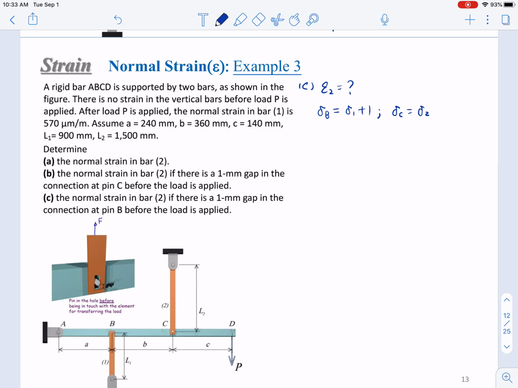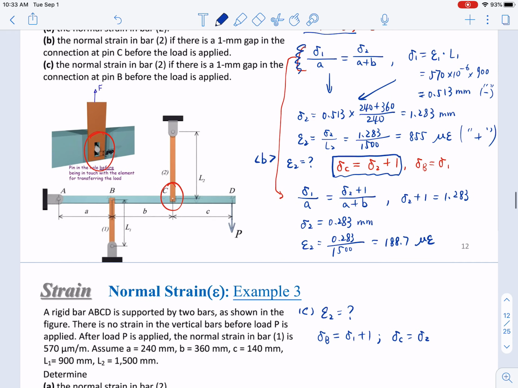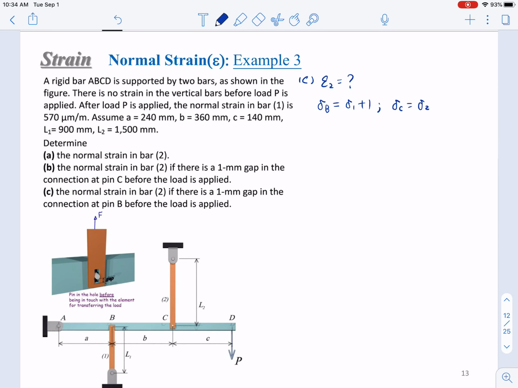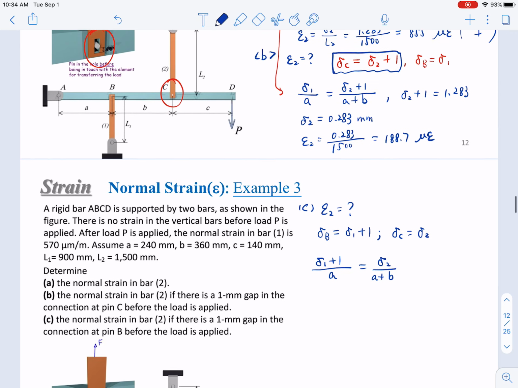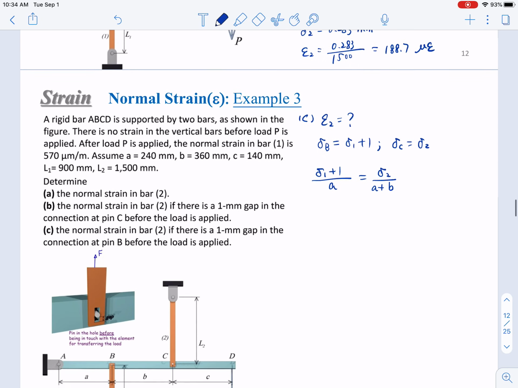Okay, so this equation will be rewritten as delta 1 plus 1 over A equals delta 2 over A plus B. We have known that delta 1 is 0.513, and this will not be changed.